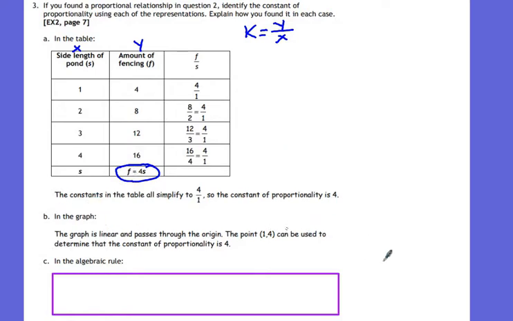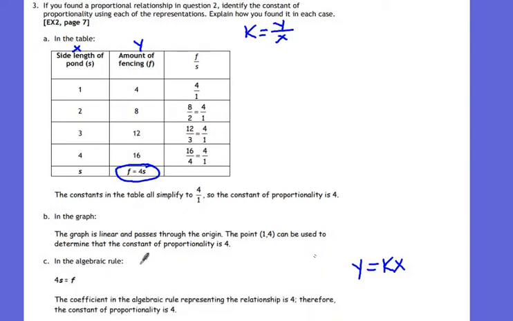Well, just by looking at the rule, I know it is in the form of y equals kx. Nothing was added or subtracted to it, so that's good. And then whatever is in the k spot is going to tell me what the constant of proportionality is. So what number is in the k spot? It's a 4. So that would be my constant of proportionality, my coefficient there. The coefficient is 4, so that's my constant of proportionality.